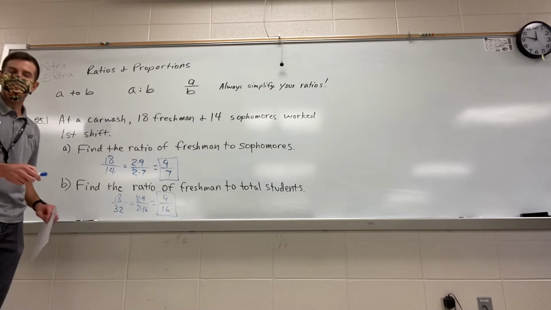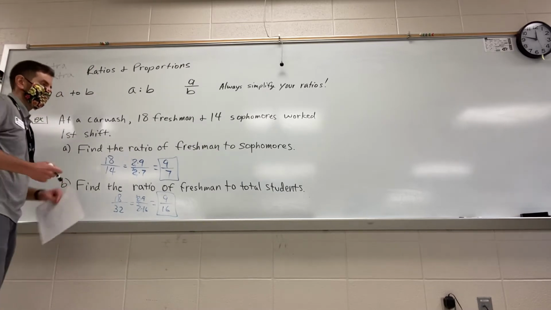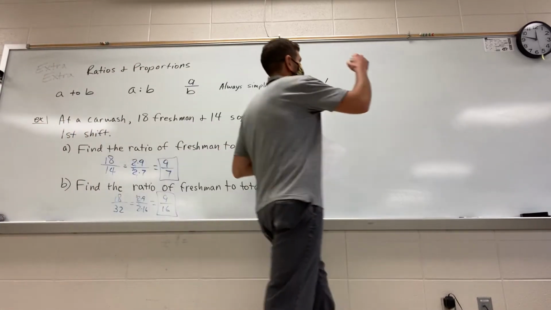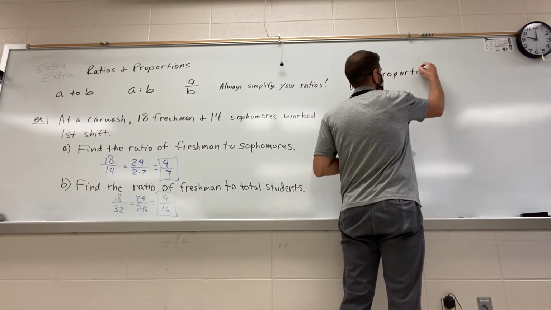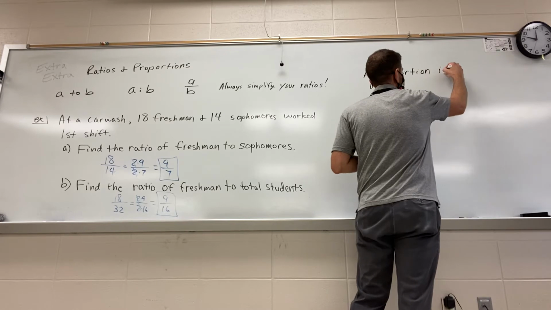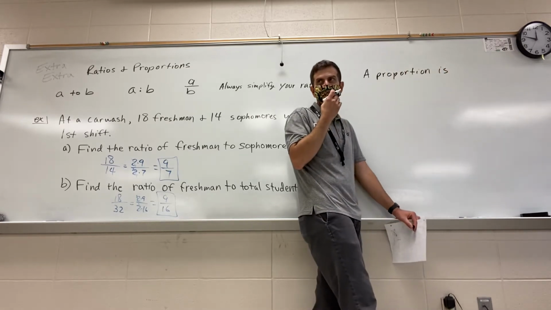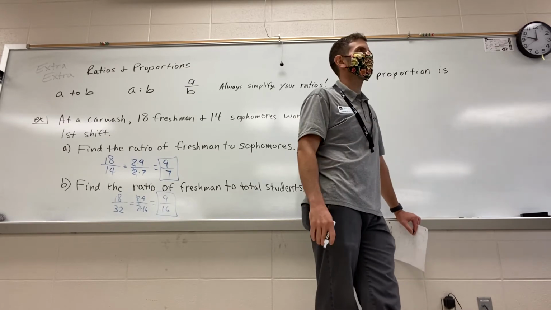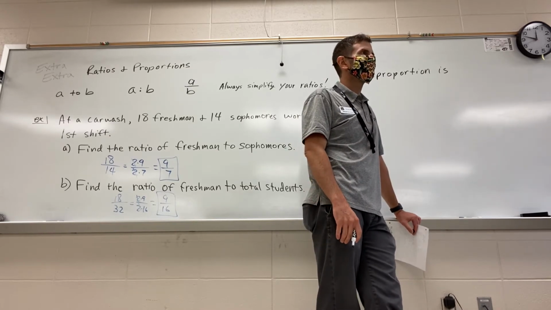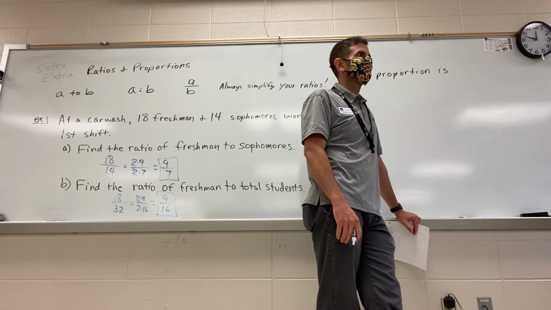A proportion. You guys know what a proportion is? A part of something. Exactly. I have a question on the last one. If we're trying to find the ratio of 9 to 16 students, why would we add 18 and 14?